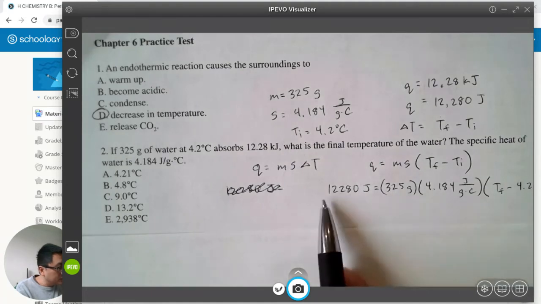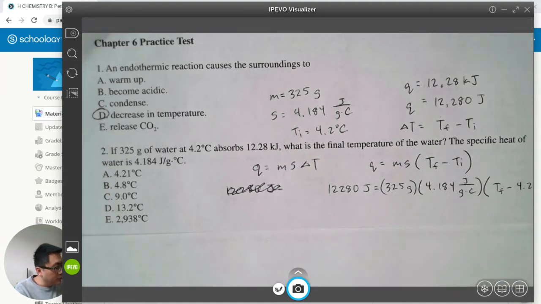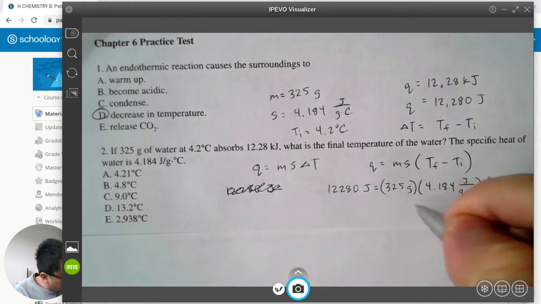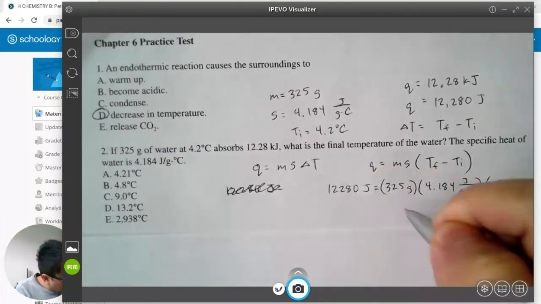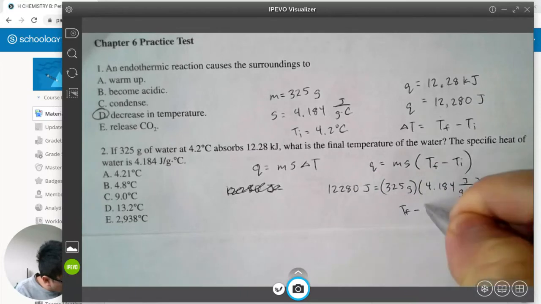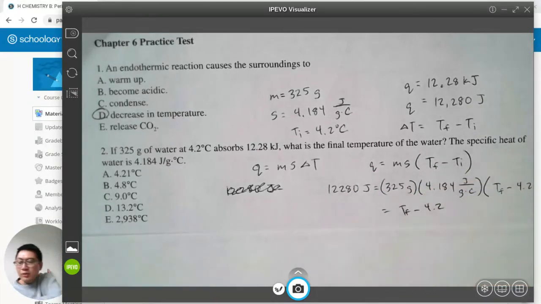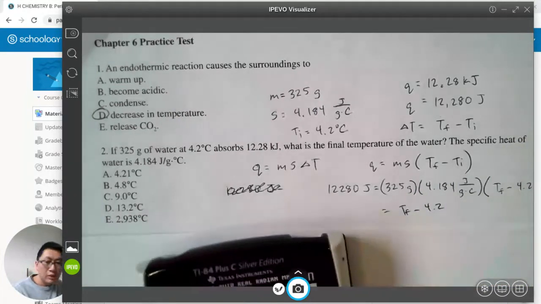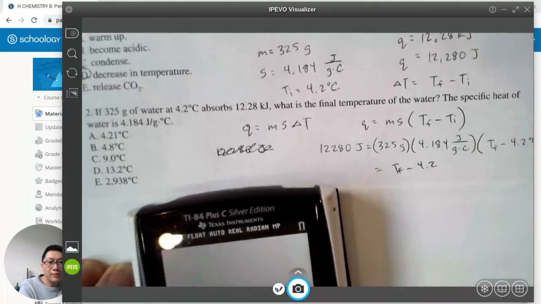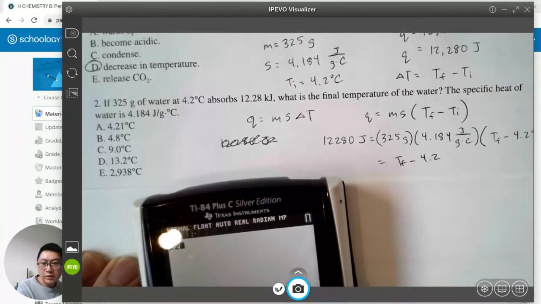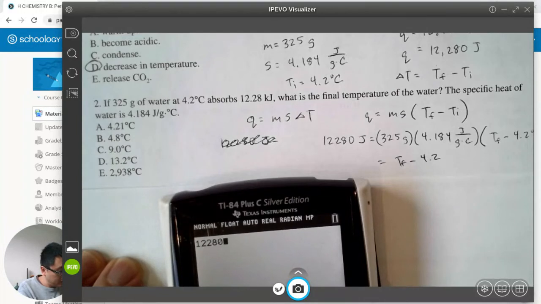So we'll divide both sides by 325 and 4.184, and I would have TF minus 4.2 equal to 12,280 divided by 325 and 4.184, which is 9.03.